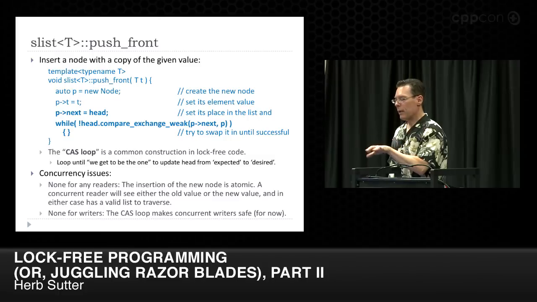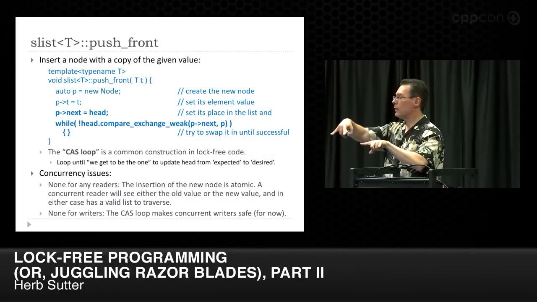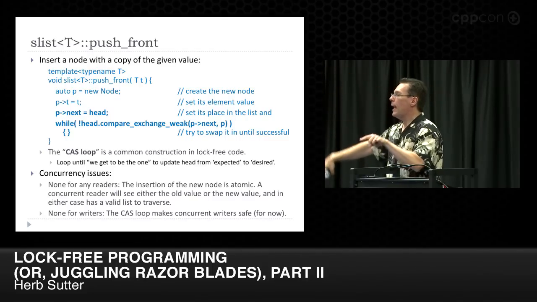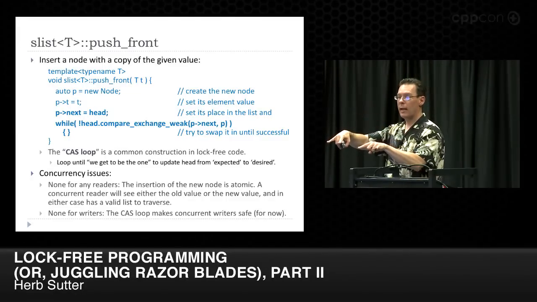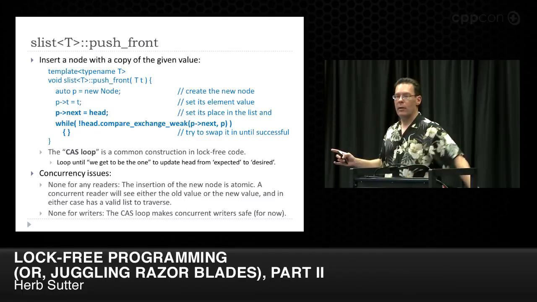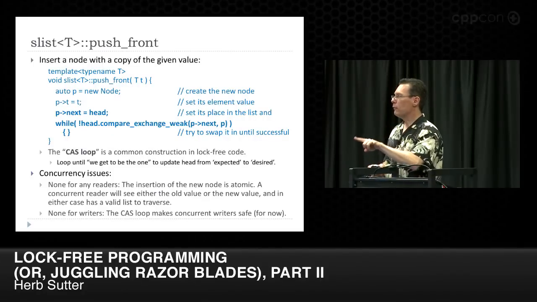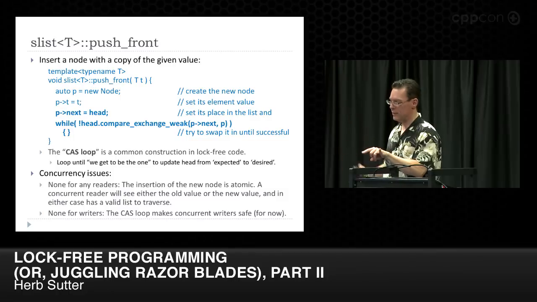So I'm going to try to compare exchange from p next, which is the expected value, the value of head that I just read, to me. If that succeeds, it means that head hasn't changed since I looked at it, which means nobody has inserted, and I'm OK, I'm done, and I drop out and return. If it fails, remember there's this neat feature, thank you Lawrence Crowell. I've gone back and forth on whether I think this is a neat feature, but I think it is.